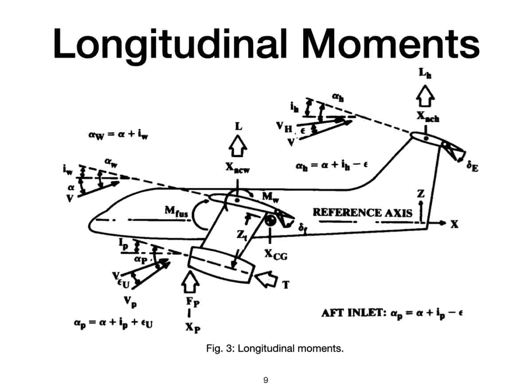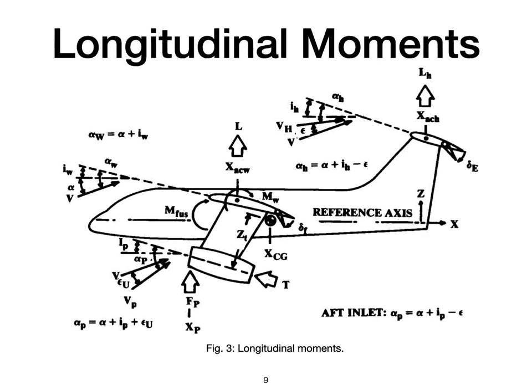Pitching moment equation and trim. Longitudinal moments. This figure shows the major contributors to aircraft pitching moment about the center of gravity, including the wing, tail, fuselage and engine contributions.